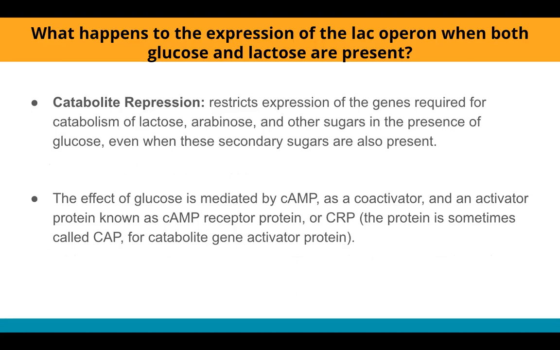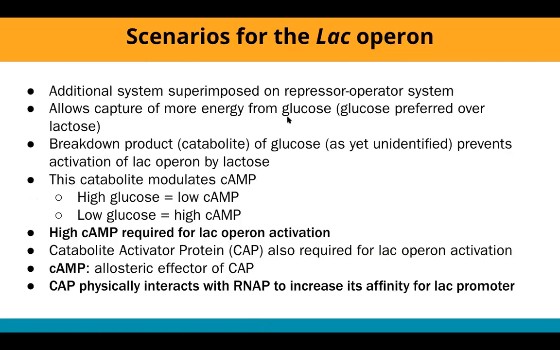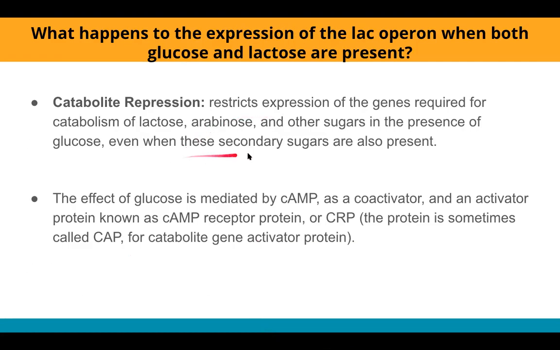Now, what happens to the expression of the lac operon when both glucose and lactose are present? We have what we call catabolite repression. Catabolite repression restricts the expression of genes required for catabolism of lactose, arabinose, and other sugars in the presence of glucose, even when these secondary sugars are also present.